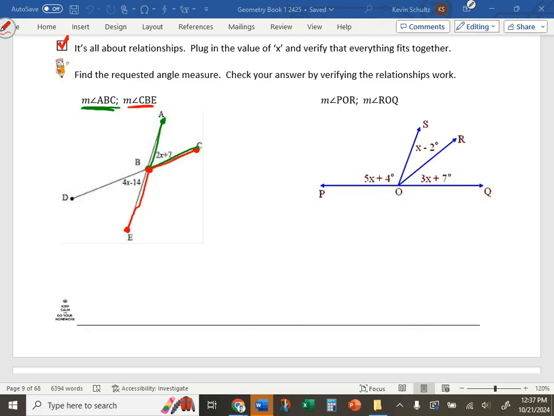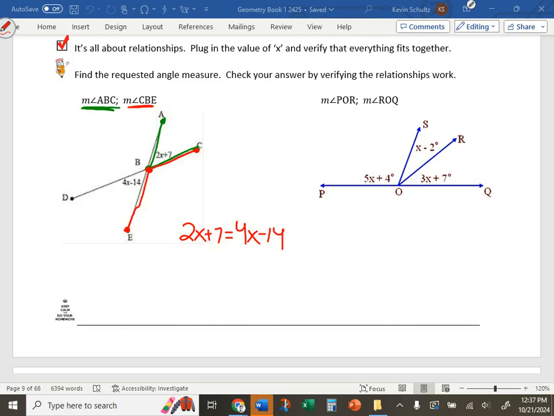They're congruent, which means their measures are equal. So the equation we can set up is 2x plus 7 is equal to 4x minus 14. Recognizing they are vertical angles and knowing they are congruent, they have equal measures, we can set up this equation to solve.